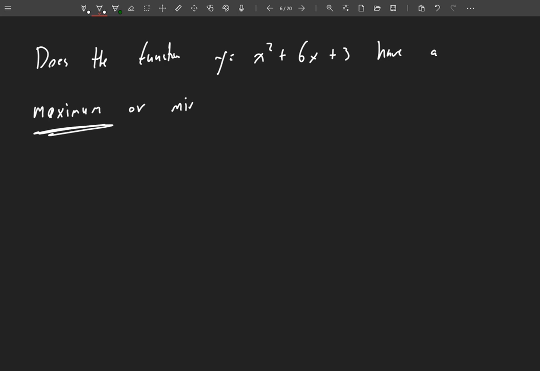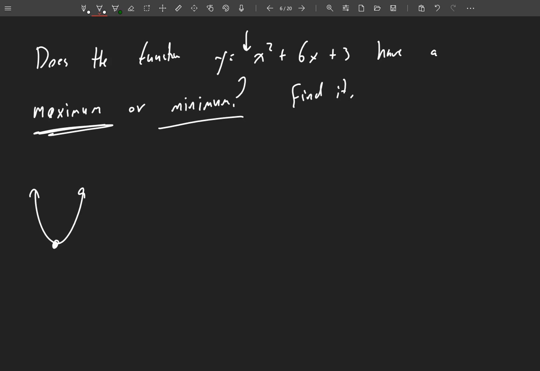Maximum or a minimum, that's our new term, minimum. And then find it. So without graphing this, you should be able to tell already. Notice in front of this quadratic, there's no negative, is there? This is a positive quadratic. And so you should immediately think, well, this looks like this, doesn't it?